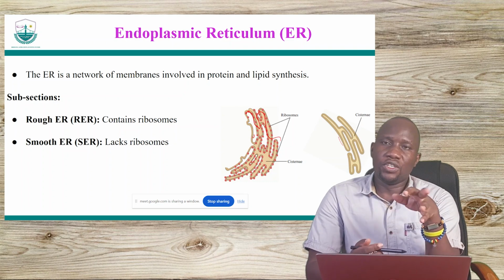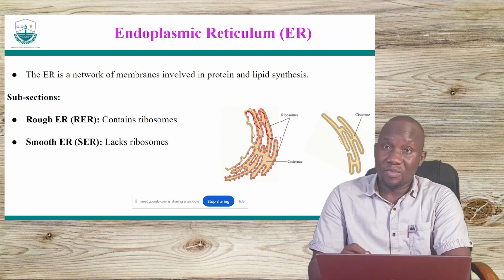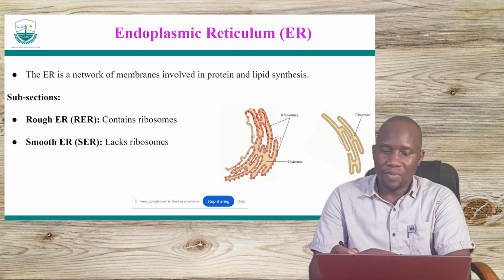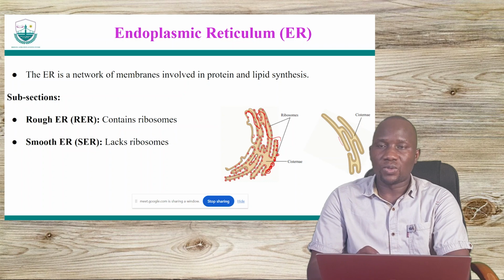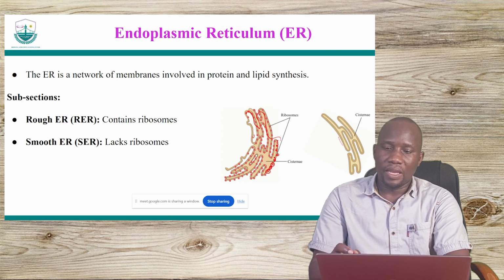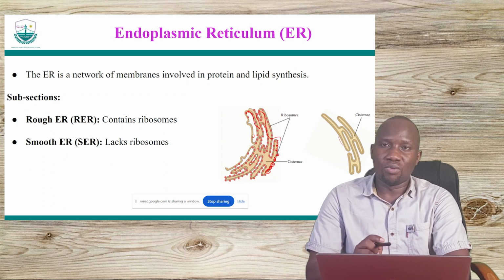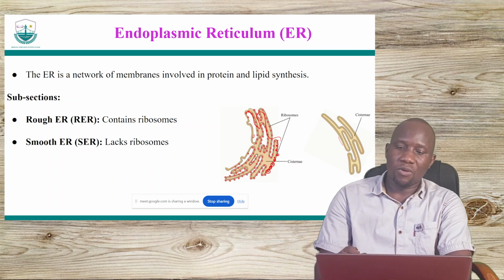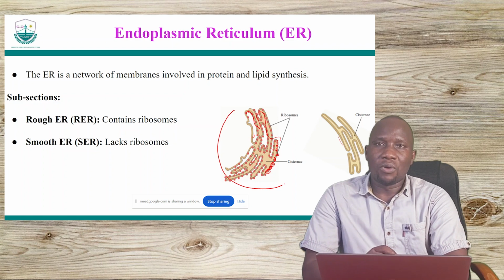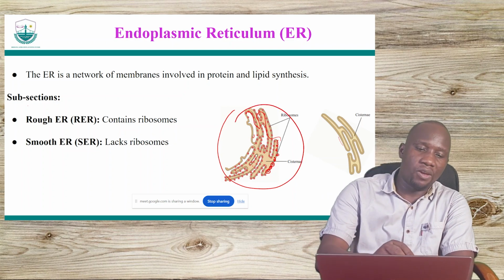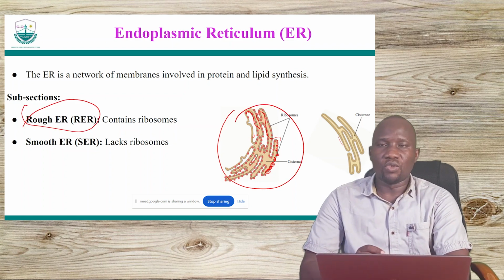What differentiates between them are these dots that you see here. These dots are the ones we call the ribosomes. They are the ones responsible for protein synthesis. And because of these ribosomes, we call that the rough endoplasmic reticulum.